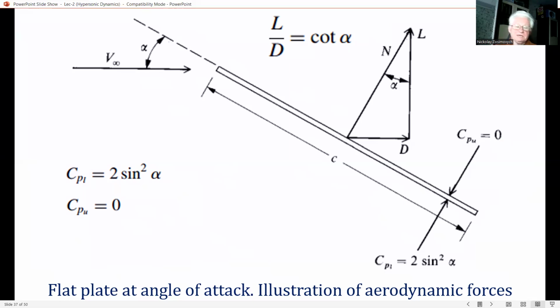For such flows, the resultant aerodynamic force is the normal force N. You can see here, from the geometry shown in this picture, the resultant aerodynamic force makes the angle alpha with respect to lift, clearly from the right triangle between lift, drag, and normal force. And we have this expression, lift to drag as cotangent of alpha. And hence it is not limited to Newtonian theory, okay?